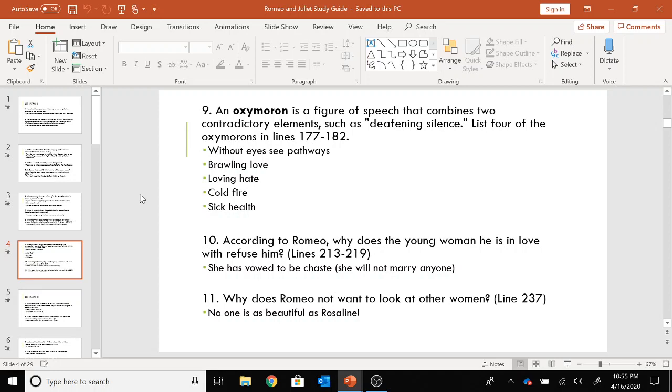And according to Romeo, why does the love he has for Rosaline not blossom into a relationship? Well, he says that Rosaline refuses to love him back because she vows to not marry anyone, right? In today's day and age, that may seem a little out of the norm, right?